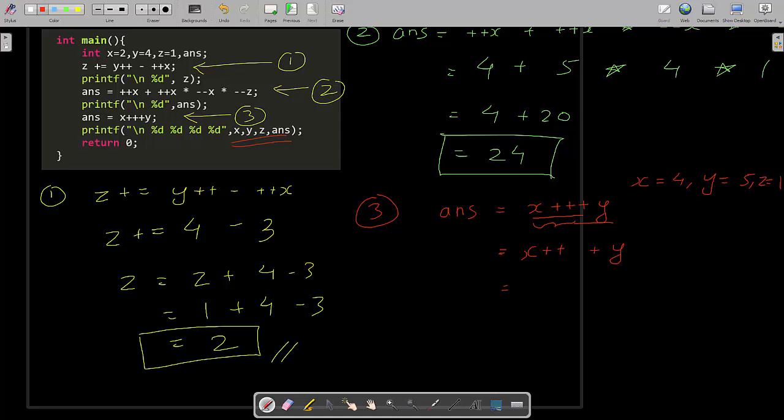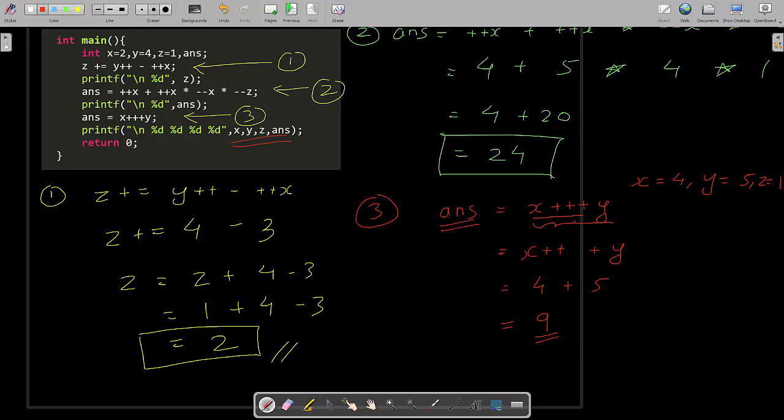Now z is not used in this expression, so nothing to worry. Then x plus plus is a post increment, so x value will remain as it is, plus y value is 5, so this will result in a value of 9 for the expression of answer.